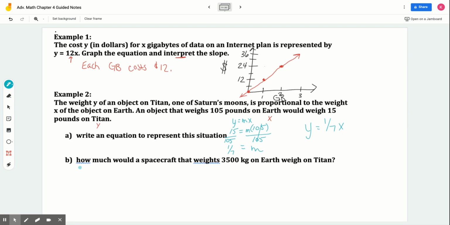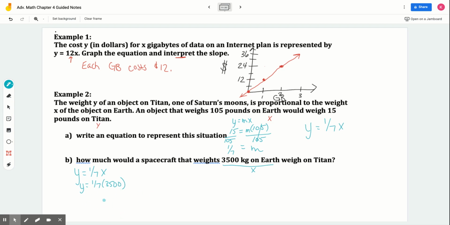So here, that's what we're going to do. How much would a spacecraft that weighs 3,500 kilograms on Earth weigh on Titan? We know that from before, Earth is x. So we're going to put 3,500 in for x. So y equals 1/7 x, and we are replacing x with 3,500.